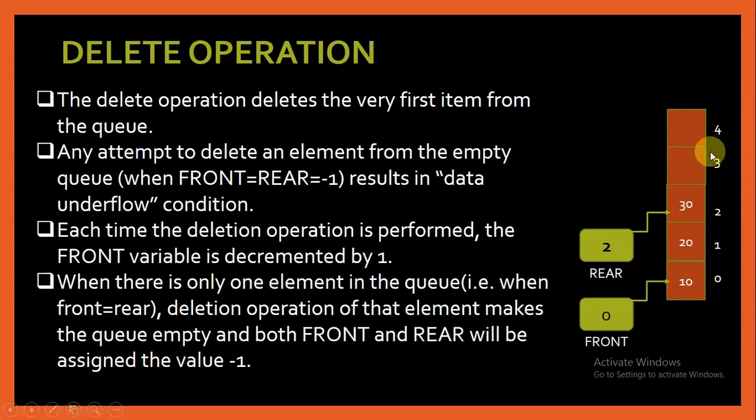We have already discussed that when there is only one element in the queue, both front and rear point to that element only, and in that case, when that element is deleted, front and rear both will become -1 as the queue becomes empty.